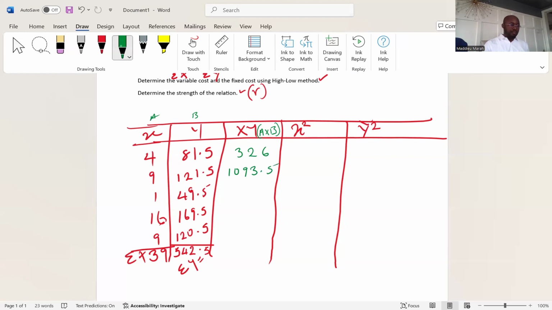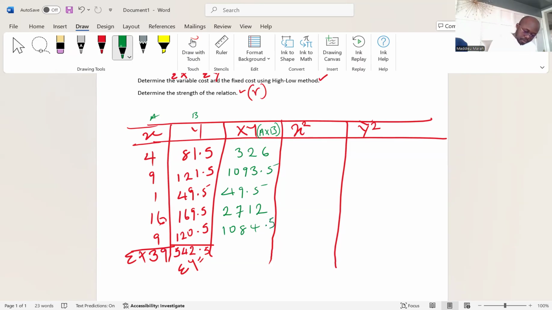Clear? 1 multiplied by 49.5 is the same, 49.5. 16 multiplied by 169.5 is 2712. And the last one, 9 multiplied by 120.5, let me confirm, is 1084.5.